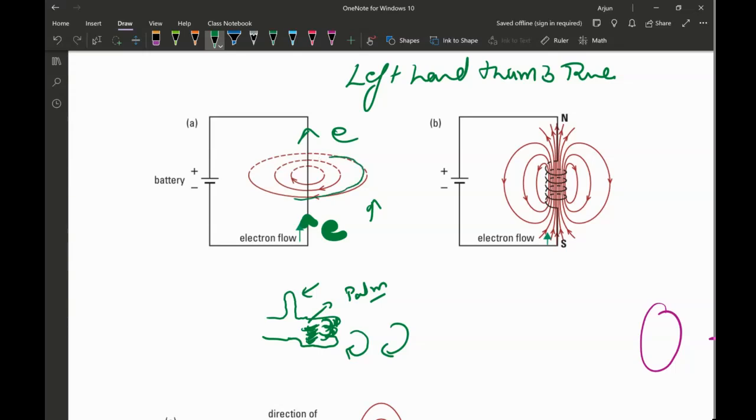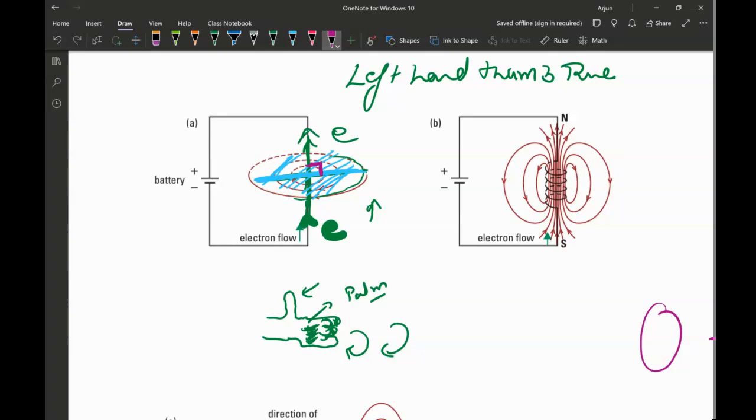The direction in which your fingers are curled will be the direction of the magnetic field. First of all, the magnetic field will always be perpendicular to the flow of electrons. So if the electrons are flowing in this direction, the magnetic field will be in this direction. The blue line which I'm drawing is the space for the magnetic field, at a 90-degree angle.